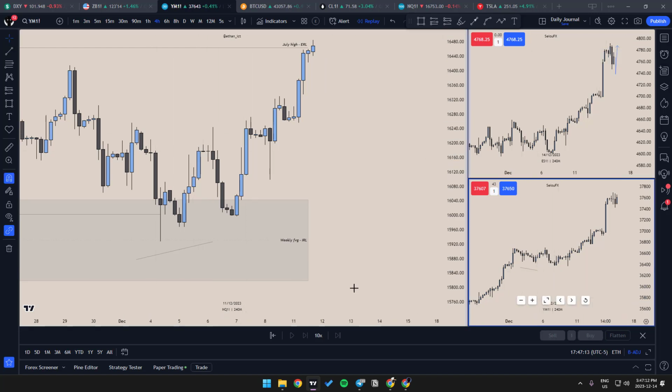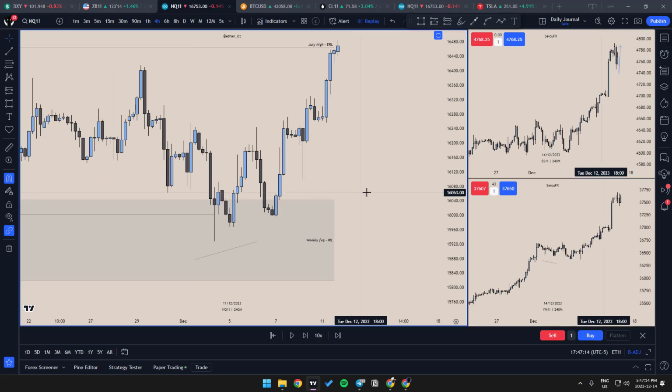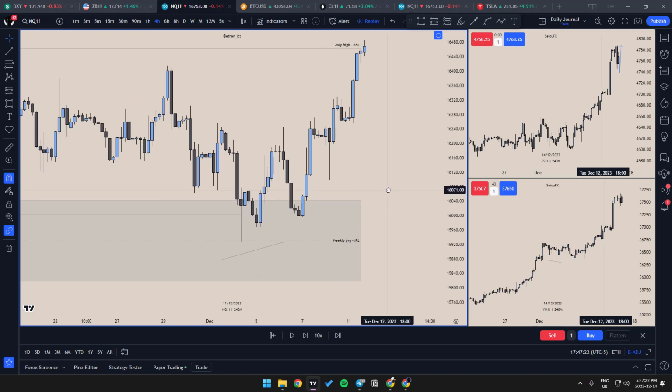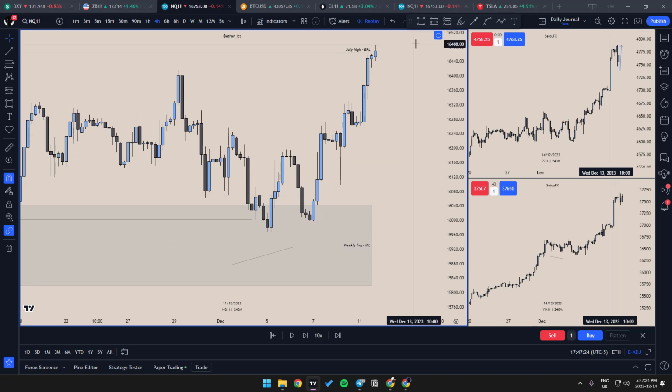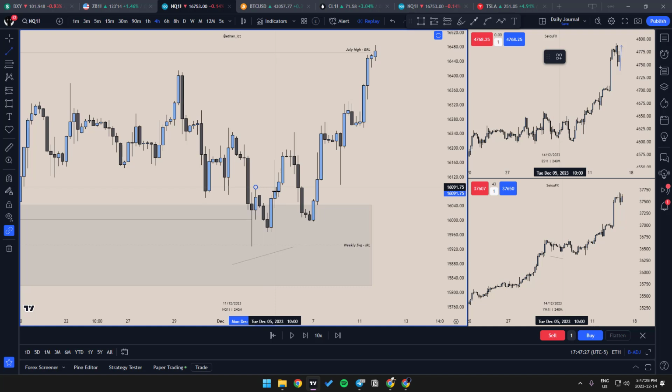SMT divergence right there. Okay. So this already gave me bullish conviction. And then if we use the 2022 model, you actually have an entry right here. Once we get this market structure shift right here, that's what sparks the idea to go long right here.